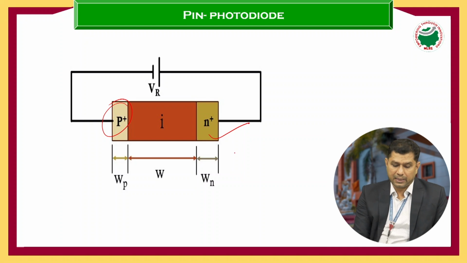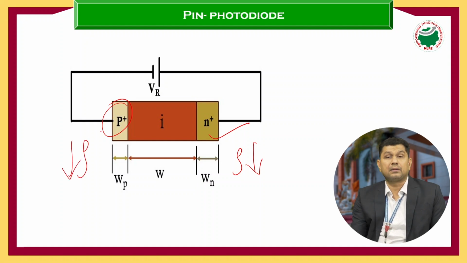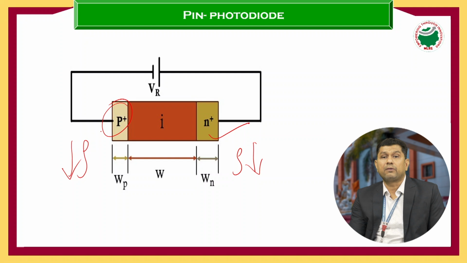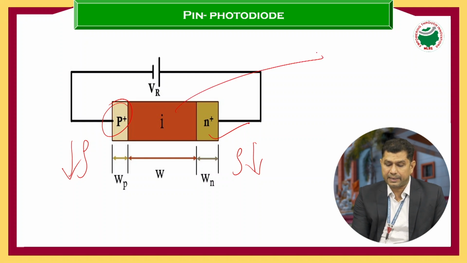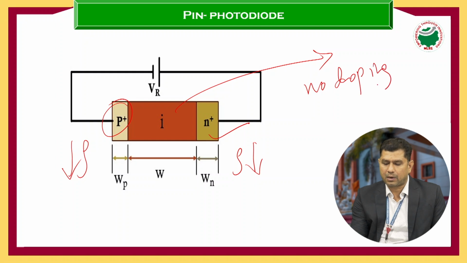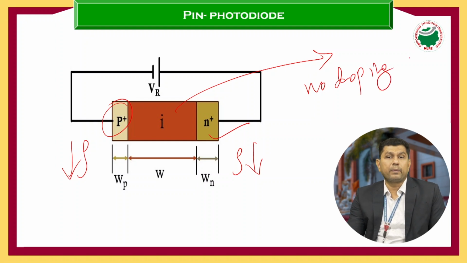When more charge carriers are available, obviously the resistivity is low. The resistivity of the P side and the N side is very low. The intrinsic semiconductor is nothing but no doping, and when no doping happens, the resistivity is very high. So this is the structure of the PIN diode.